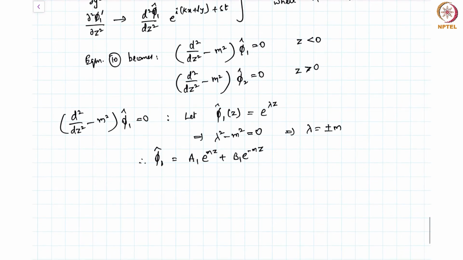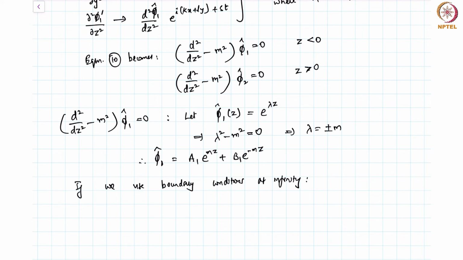Let me put it this way. If we use boundary conditions at infinity, so what was the boundary condition at infinity?